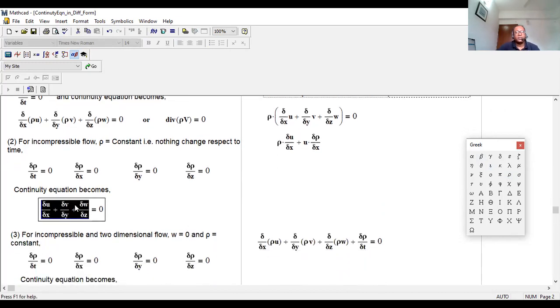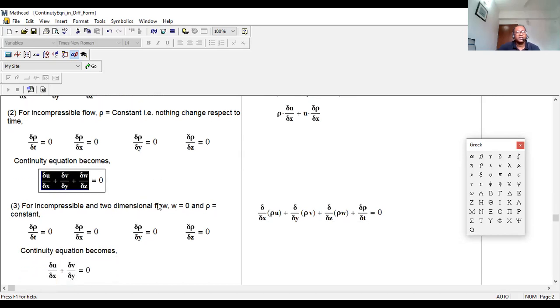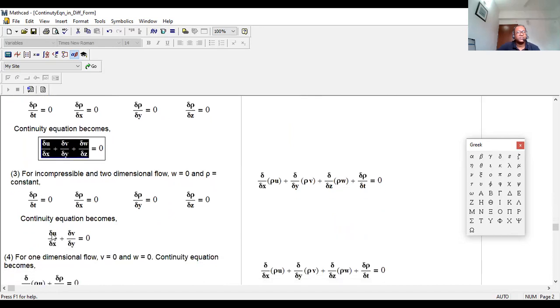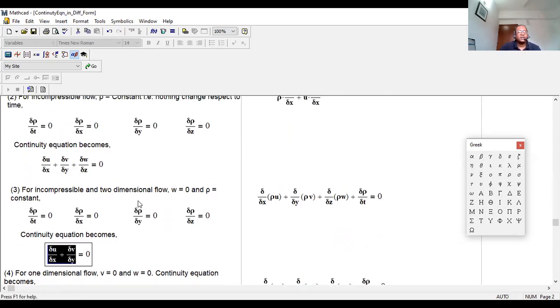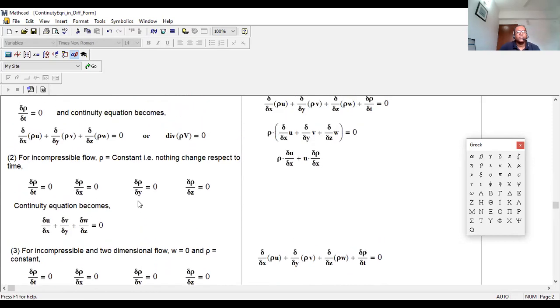And if incompressible, and you say flow is two-dimensional, then what will happen? W equals 0. Then in that case, this value is coming 0. And you see, for incompressible flow, rho is not changing along the x-axis, y-axis, or z-axis.